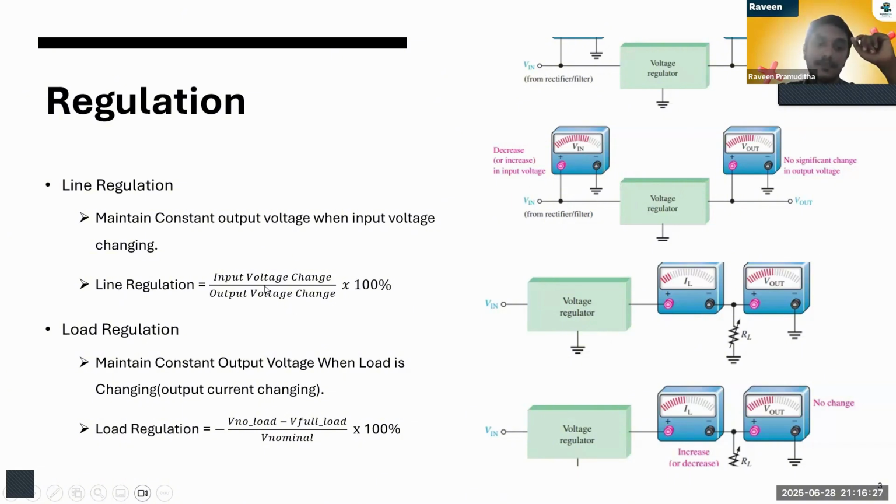We can represent line regulation as an equation: the ratio between the output voltage change and the input voltage change.